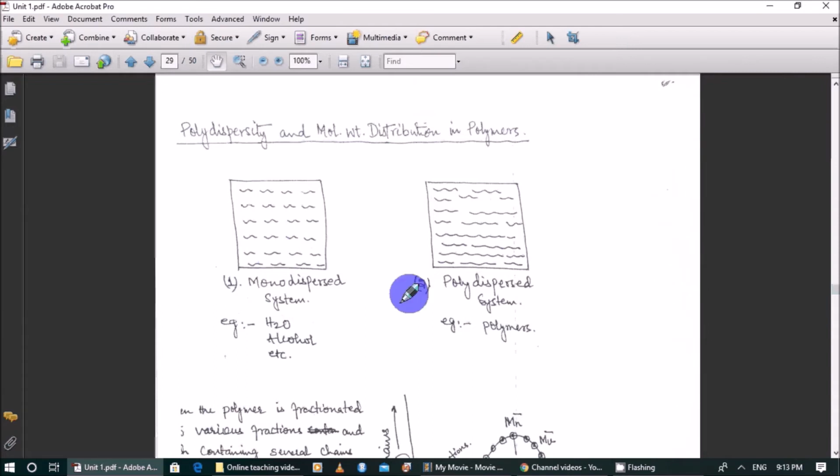Second is the case of a polydispersed system, where the molecular weight of each molecule or each chain is not the same. Here you can say some chains are longer, some chains are smaller. So this kind of system is known as a polydispersed system, and examples of polydispersed systems are polymers.